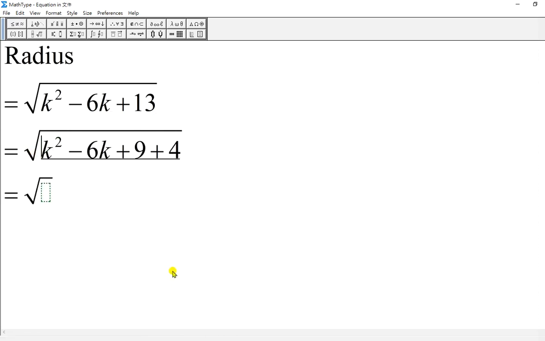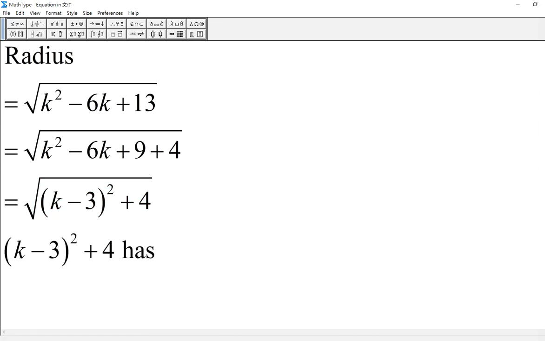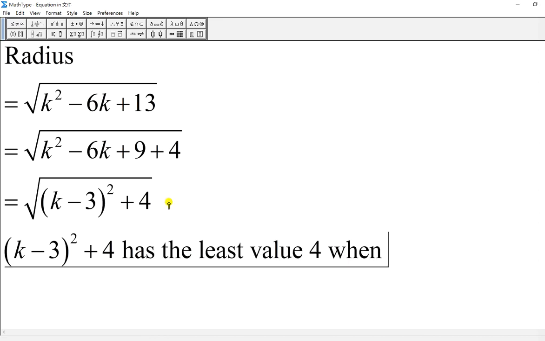So for the first three terms, k squared minus 6k plus 9 becomes the perfect square (k minus 3) bracket squared, and then plus 4. As you can see, this quadratic expression will have the minimum value 4. (k minus 3) bracket squared plus 4 has the least value 4 when k equals positive 3.